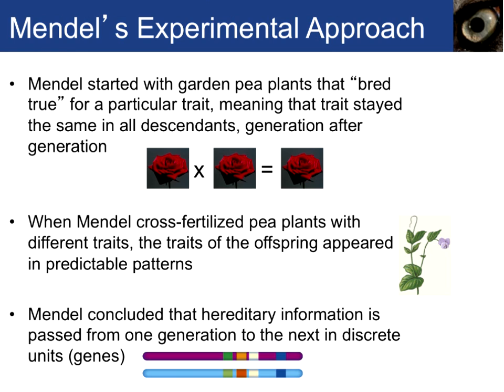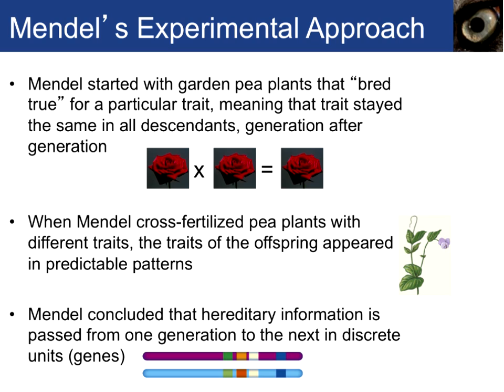So Mendel started with garden pea plants that bred true for a particular trait in his studies. Breeding true means that the trait stayed the same in all descendants generation after generation. So, for instance, in this picture you see if you cross a red and a red, you're always going to get a red flower.